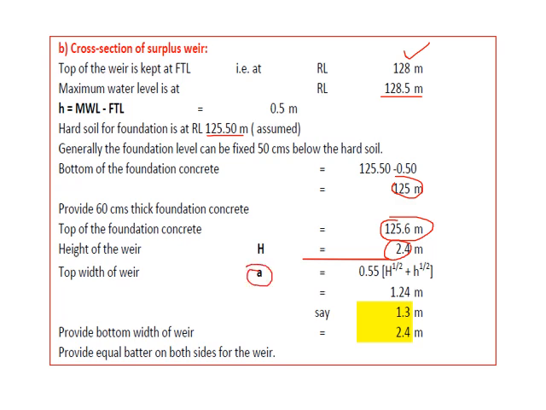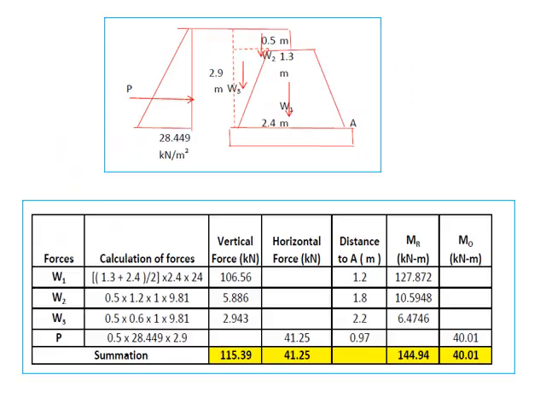It is given by 0.55 into root of the height of the weir plus the root of the head over the weir, which comes to about 1.24 meters, say 1.3 meters. Provide bottom width of the weir equal to the height of the weir, and also provide equal batters on both sides of the weir. So now the bottom width of the weir can be fixed as 4 meters.